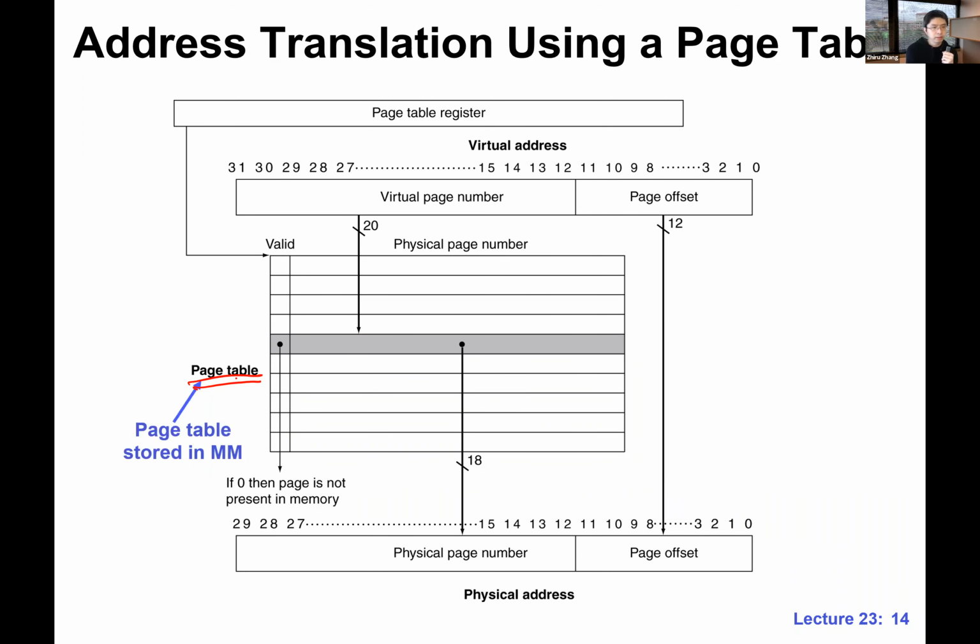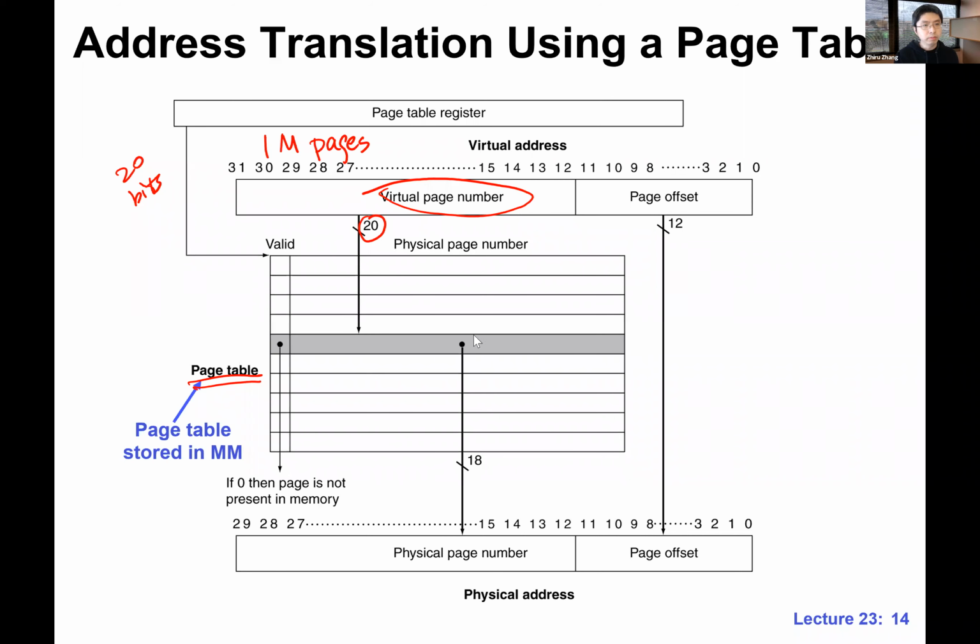Then we put this page table in the physical main memory. This is a table that can be addressed. For this page table, we already know that we have 2 to the 20, so 1 million pages in our example, which means that we can use 20 bits to address.